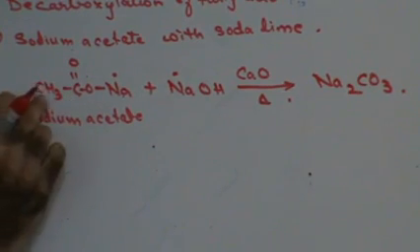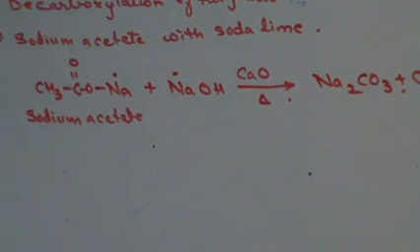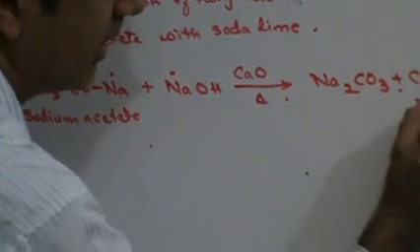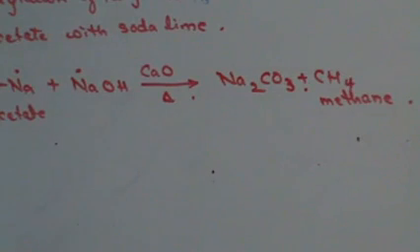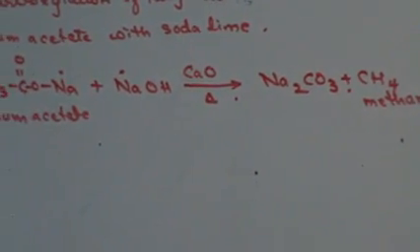That leaves you with one CH3 here and one H here. That leaves you with CH4. This is methane. Now guys, remember an important rule: whenever you are writing an equation in chemistry, always write the name below the compound that you are representing. Fine, do we get this in here? So sodium acetate reacts with sodium hydroxide to give you sodium carbonate and methane.